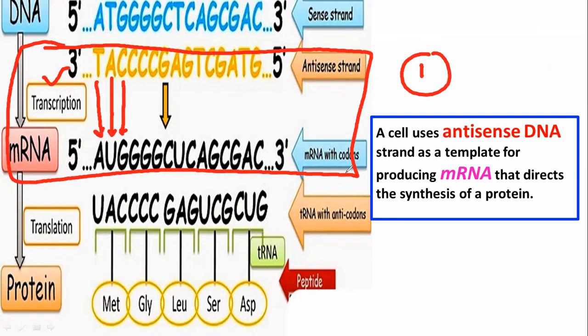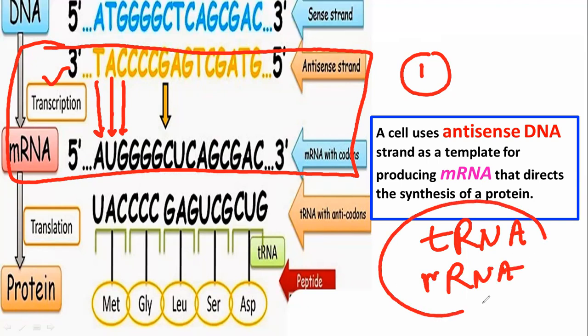Now this messenger RNA is coming out from the nucleus, and it's going to work on the ribosomes present in the cytoplasm, and we have two RNAs for its help: tRNA, transfer RNA, and ribosomal RNA.